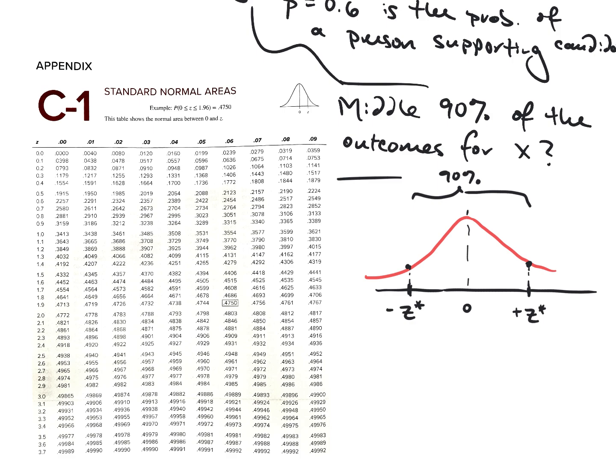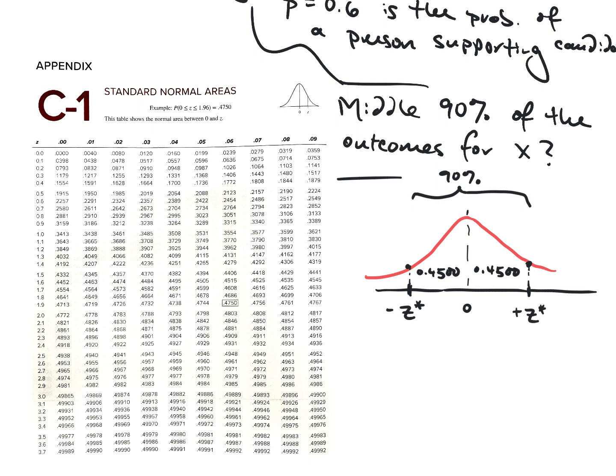Really the way to solve this is by splitting up that 90% into the portion below and the portion above 0. We would expect 0.45 below 0 and 0.45 above 0.